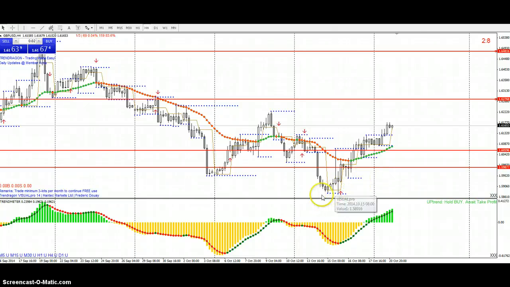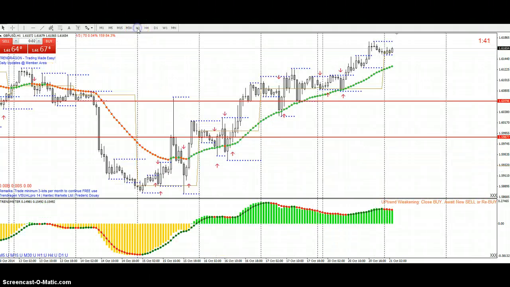Considering that the 4-hour time frame is actually doing one low here, a second higher low, a third higher low, and maybe here a fourth higher low, it may be better to wait on the short side, and right now, at least for this week, probably consider a long trade.